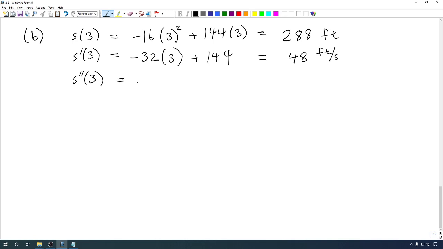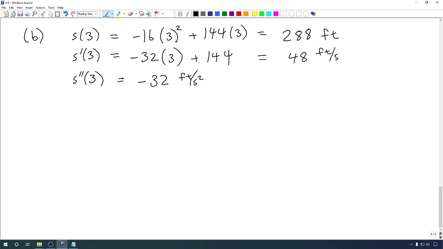What is the acceleration? Well, our formula for acceleration was negative 32. It was just a constant. We don't even have to plug in 3. The units on acceleration are feet per second squared. Notice that every time we take a derivative, we end up with a per seconds that's added on there. Or I should say multiplied on there. So we divided by seconds once, then we divide by seconds again.